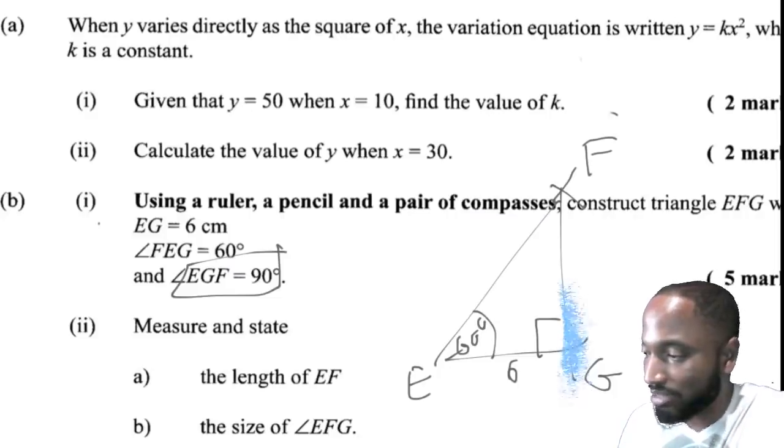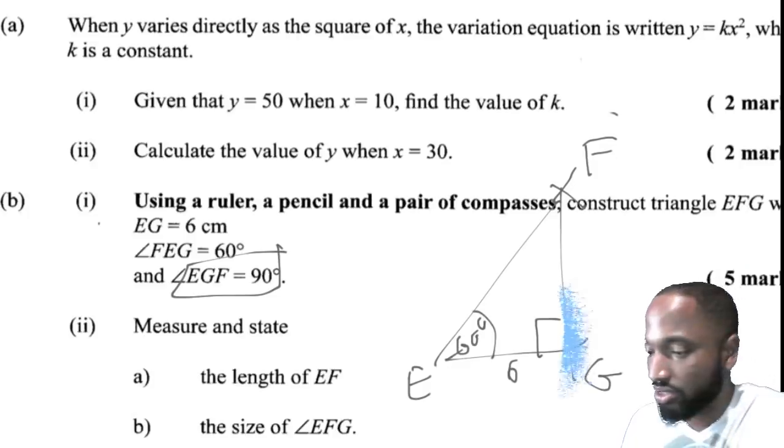So the first thing you do is a baseline. You draw a baseline and try to make it horizontal, straight. Show them that you can be straight. And then you darken your, what's the length it had to be? 6 centimeters. That's kind of small on a paper, so you can see that is 6 centimeters there.